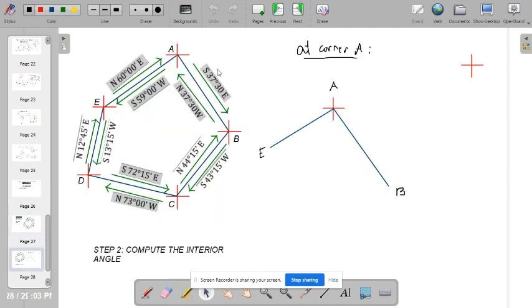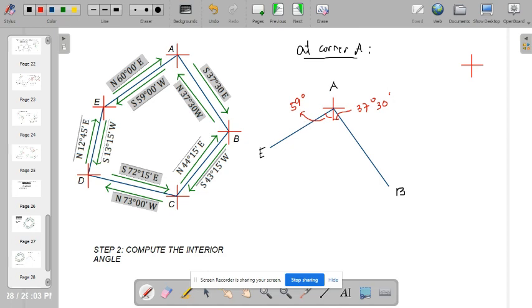So we have corner A here to be 59 degrees, and AB is 37 degrees 30 minutes.